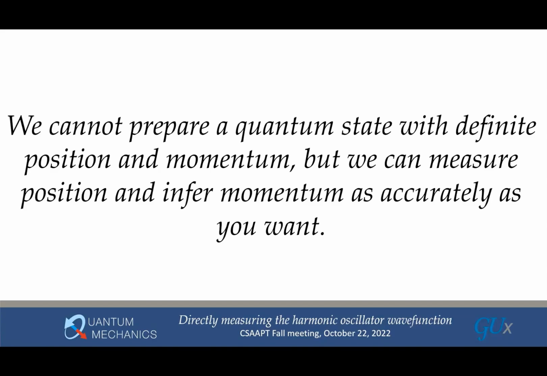If I made my position measurement a mile away, now that might be difficult in a real lab, but I could really make it very long, then my momentum measurement is exceedingly accurate. It has an uncertainty of about a micron over a distance of a mile or something. I'm going to get a very accurate measurement.